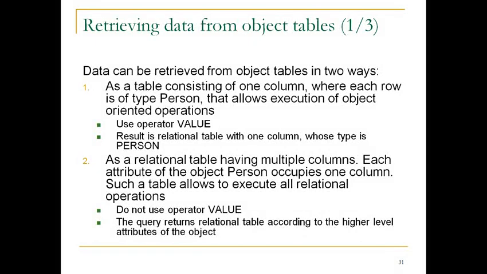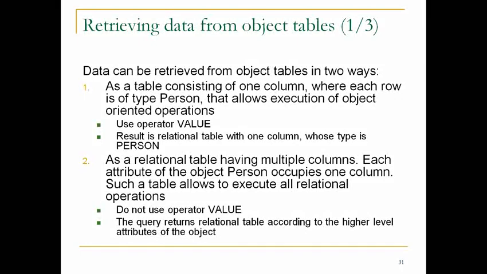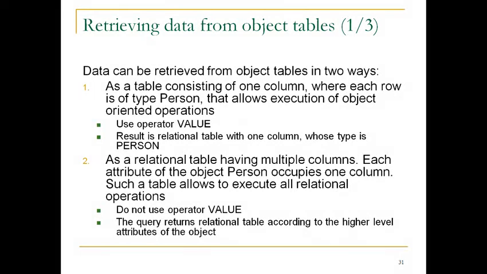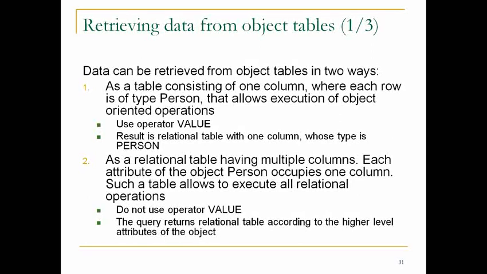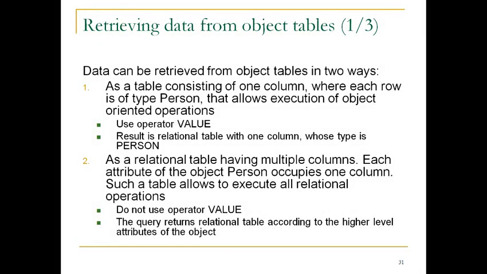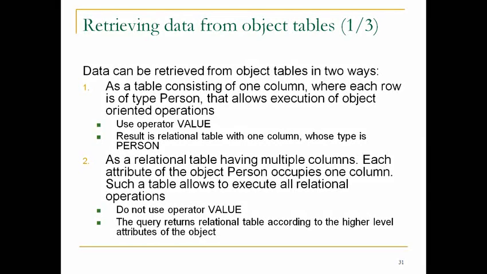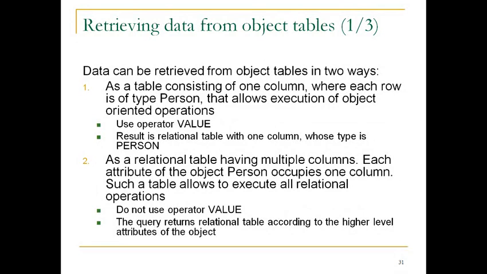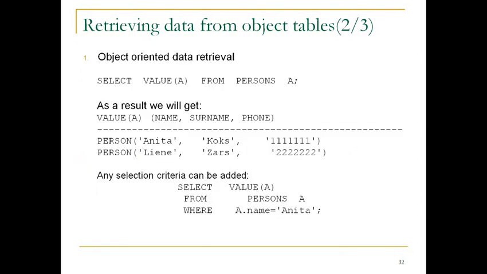In the previous example, the result is a relational table with one column whose type is this type of the object, this person. And the second option is that we can consider it to be a relational table whose columns are the attributes. Then we don't use this operator. And the query returns us the relational table.